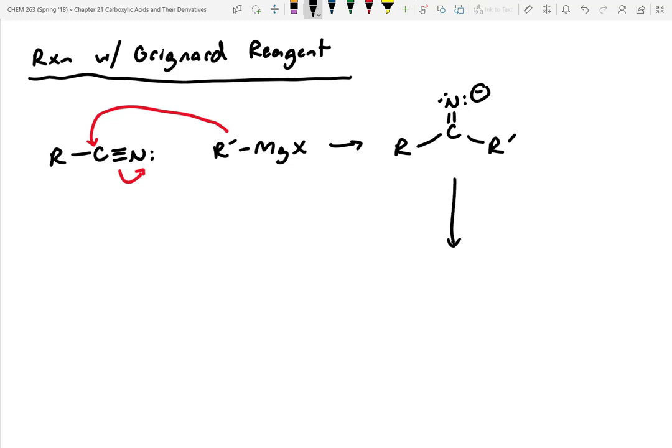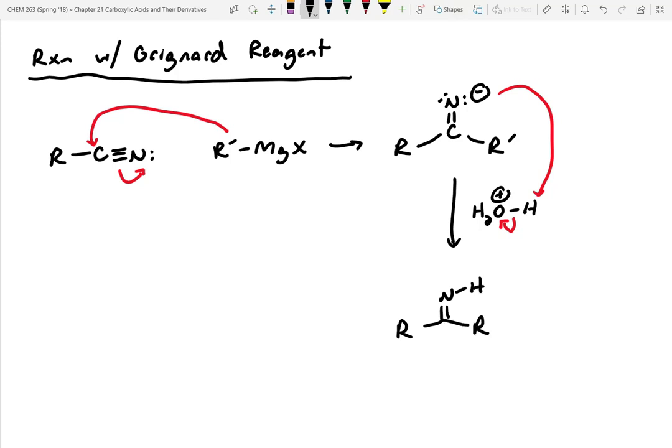All right, in the next step, we need to treat this with acid. So I'm going to treat this with just generic hydronium. This is really quickly going to steal a proton back. And you end up with this intermediate.